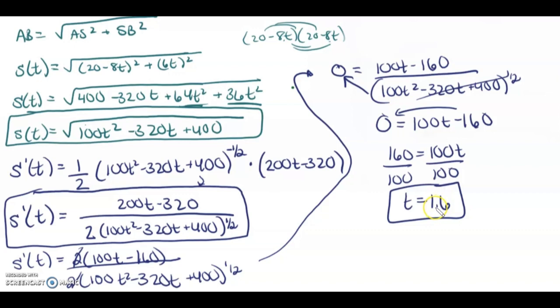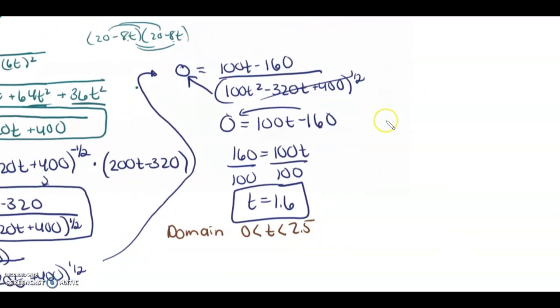So now we want to consider the domain. When are these ladies the closest together? We're going to do this on the domain between 0 and 2.5 hours. So we are going to test the numbers.